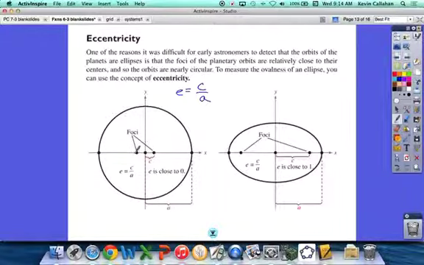Mercury, 0.2. It's like 1/5. And the rest of them are pretty small. Is Earth the smallest? Now let's see. That's smaller. That looks like Venus is the smallest. It's got the most circular orbit. And Mercury has got the most elongated orbit. So that's what eccentricity means in an ellipse.